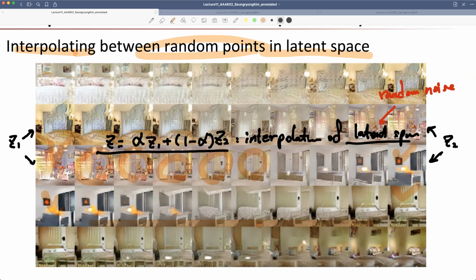무슨 얘기냐면, 이런 두 장의 영상이 generated image라고 했을 때, 다른 Z1과 Z2로 만들어진 이미지라고 했을 때, 우리는 Z1과 Z2 사이에 존재하는 수많은 Z들을 생각해 볼 수 있잖아요.